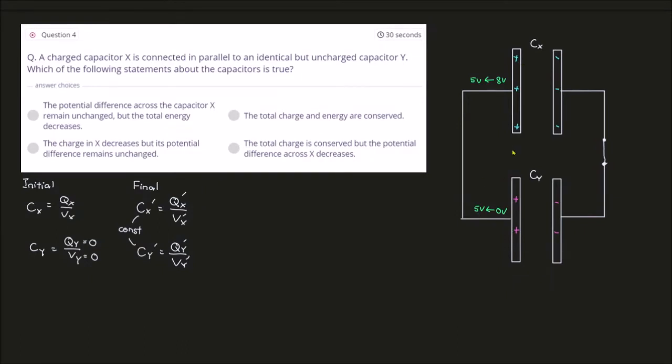The idea is that this potential and this potential should be the same. The negative plate has the same idea: this potential should be equal to this potential. So if this potential is equal to this potential is equal to this potential, the potential difference across capacitor X will be equal to the potential difference across Y. So Vx prime and Vy prime should be the same.